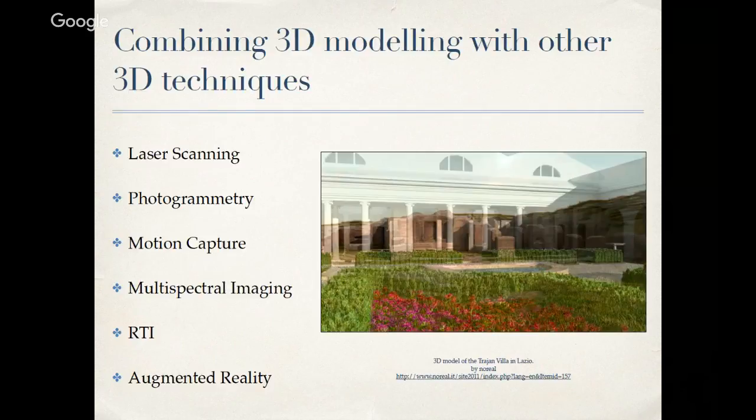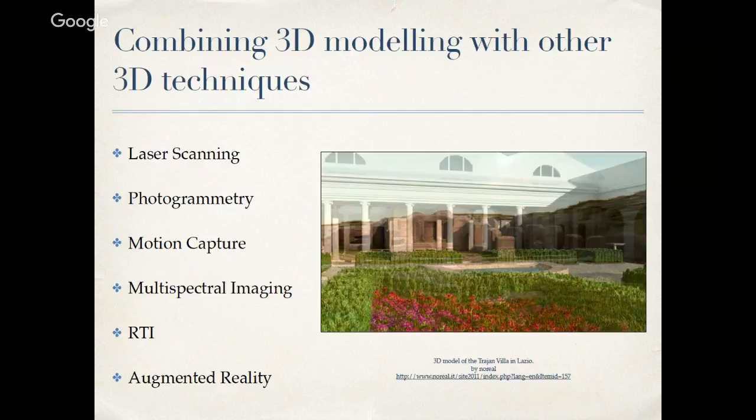So, for example, 3D modeling could be very successfully used in combination with laser scanning. As we can see in this example, this is a 3D model of the Trajan Villa developed by Nouriel, and there is a laser scanning of the actual ruins, and then a CAD 3D model of the hypothetical restoration of the place.